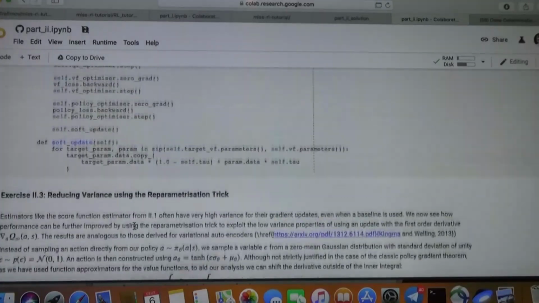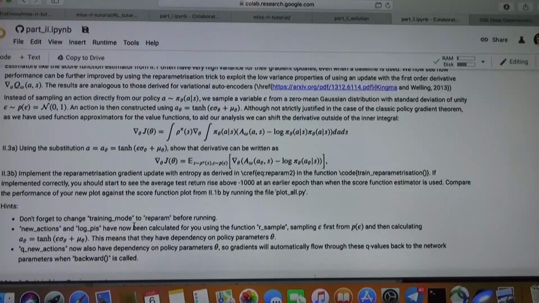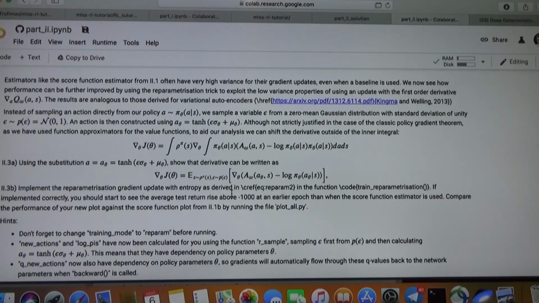And the last exercise is to implement the reparameterization trick. Actually, it was not described during the lectures of Professor Whiteson. So the idea here is that instead of sampling from the policy itself, we can sample from some artificial distribution. Here we sample a random variable from a zero mean normal distribution with unit standard deviation, and then transform it with the hyperbolic tangent function to the action.